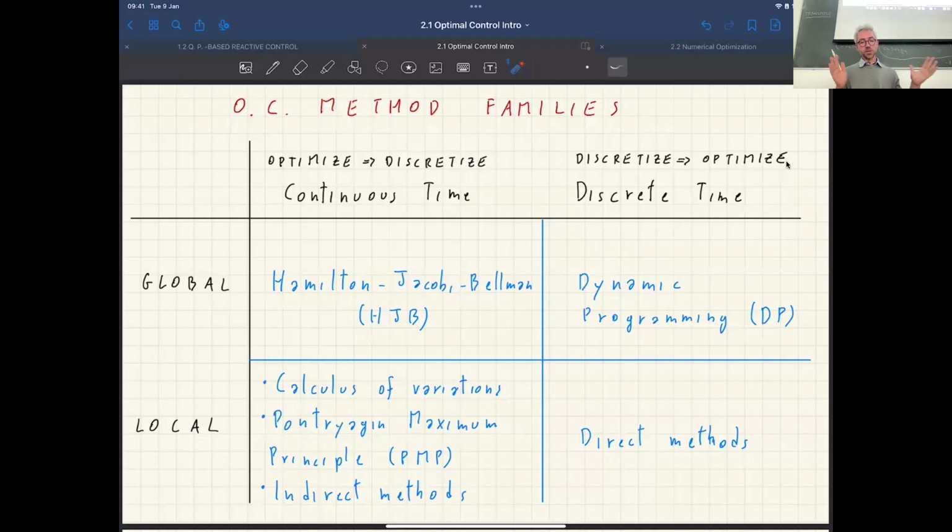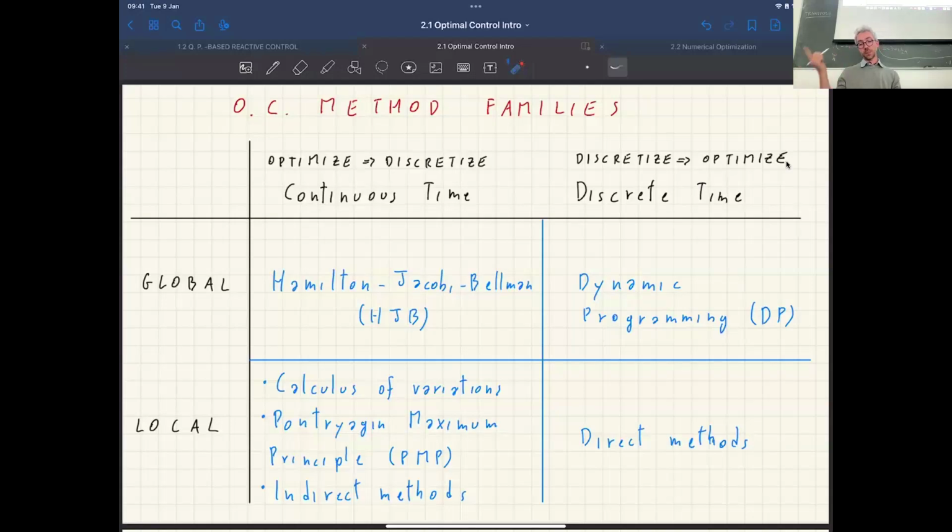Okay, so by working with this two-dimensional taxonomy, you can divide the spectrum of optimal control methods into these four classes. So global methods, if you work with first optimization and then discretization, what you get are the so-called Hamilton-Jacobi-Bellman methods, which are based on the Hamilton-Jacobi-Bellman equation, which is a partial differential equation.